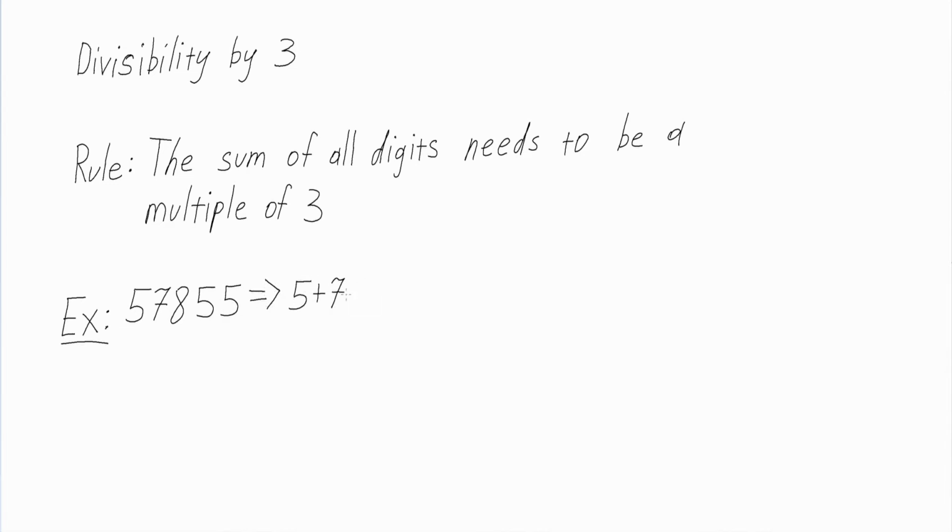First we need to add all of the digits together, and the sum of all digits will be 30. And 30 is a multiple of 3. 3 times 10 will give us 30. So this means 57,855 is divisible by 3.